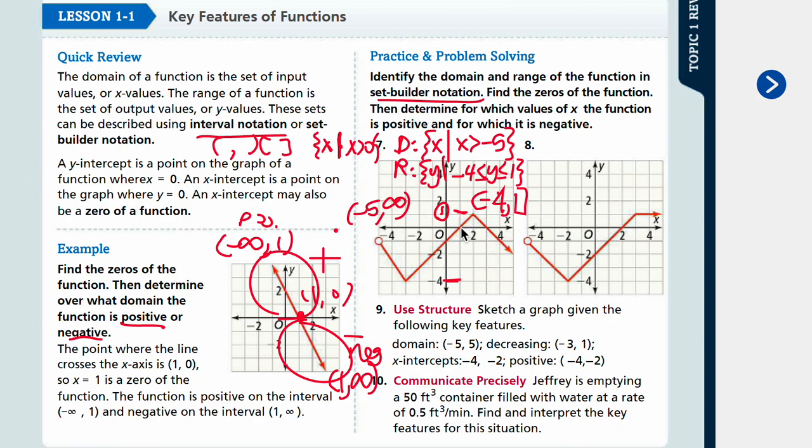Zeros would be whenever your function is equal to 0, but you need to find the x value for that. So whenever y is equal to 0, so your x-intercepts, in other words. So zeros of the function, in other words, it's the same as the x-intercept. Why do we have multiple ways of saying it? Because it's used in different ways, but it's actually the same thing.